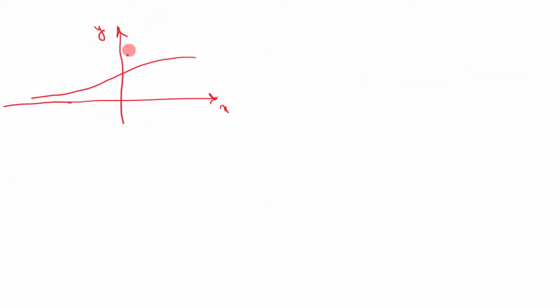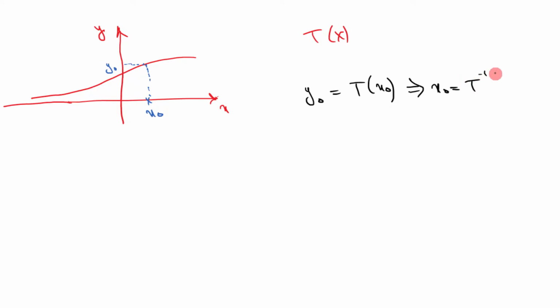Now first let us discuss the monotonically increasing transformation. Here let's suppose you have a point x naught, and for this x naught you have y naught. So this y naught is equal to the transformation of x naught, and from this you can find x naught is equal to the inverse transformation of y naught.